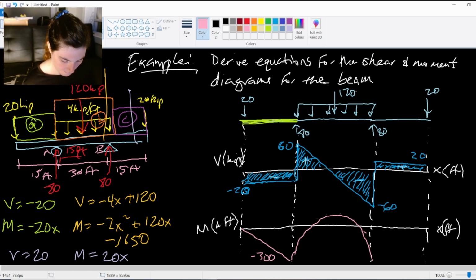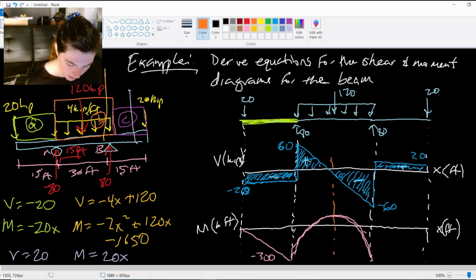So here, it comes up, it's a square equation, right? It comes up over my line, dips into the positive, hits a maximum. We'll notice, if I drew it a little better, that it hits a maximum at the same point that my shear is 0.